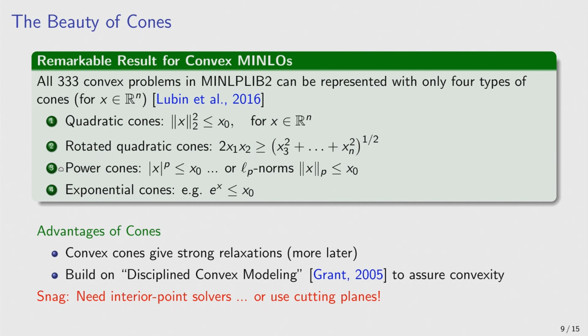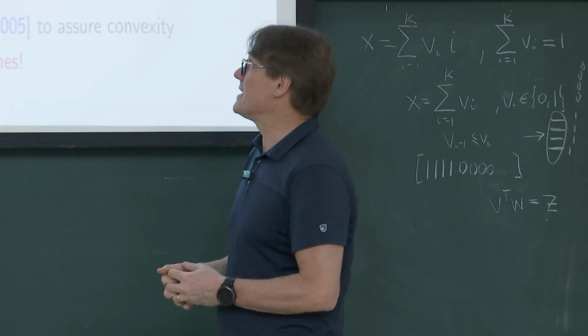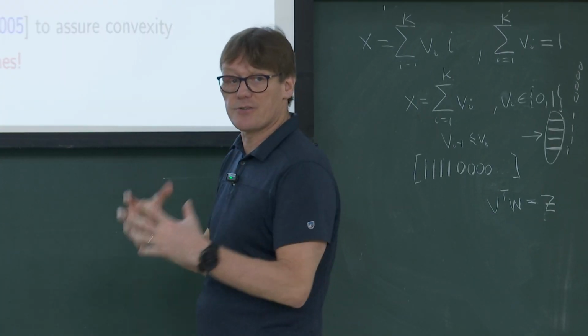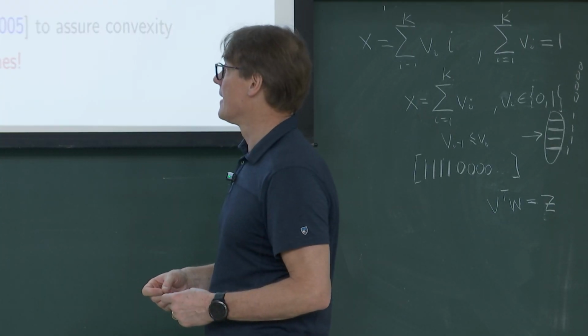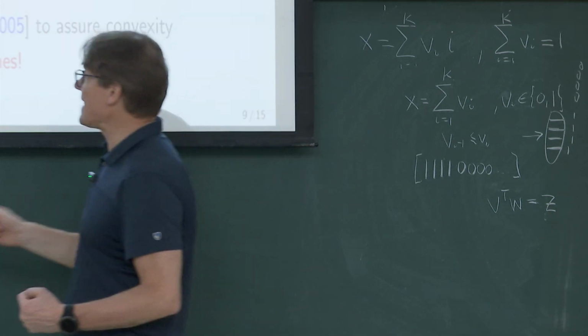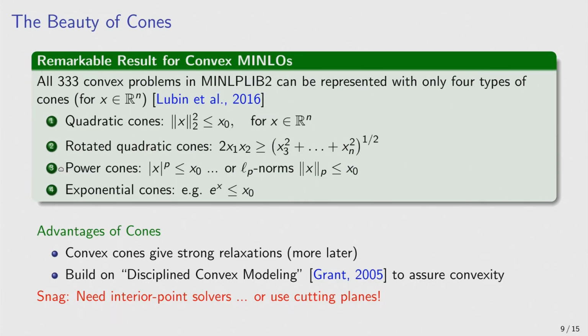So these convex cones give very strong relaxations, and you can build on something called disciplined convex modeling, where you build up convex models from the start. So you have nonlinear functions, but you have a guarantee that these functions are convex because you're constructing them in a certain way. There's one slight disadvantage: you need interior point solvers, and they don't warm start very well.